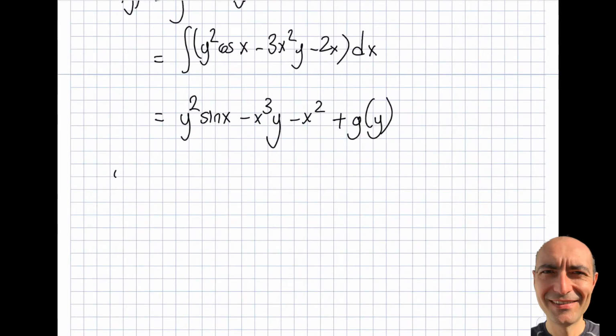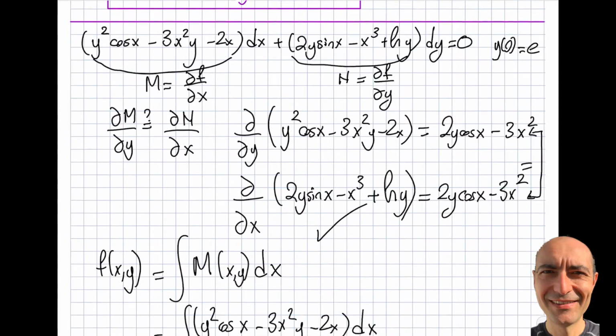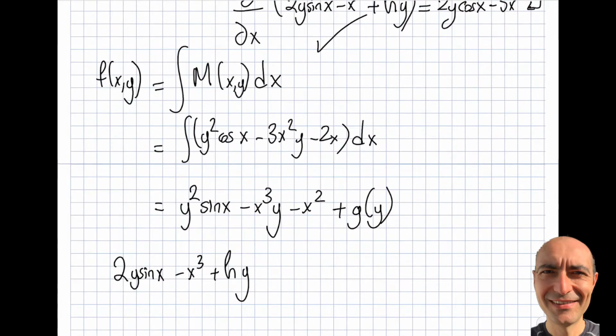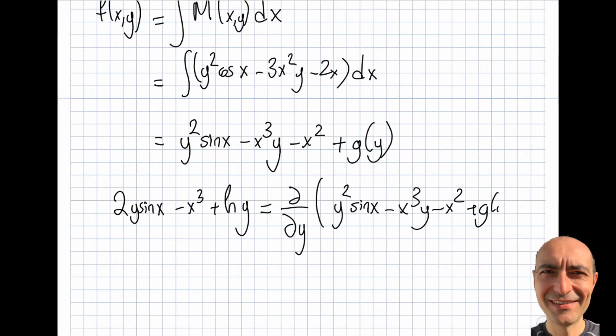The N was 2y sine x minus x cubed plus ln of y. I just wrote this from memorization, so let's double check. 2y sine x minus x cubed. Yep, this is good. This N will be equal to del y of this: y squared sine x minus x cubed y minus x squared plus g of y.